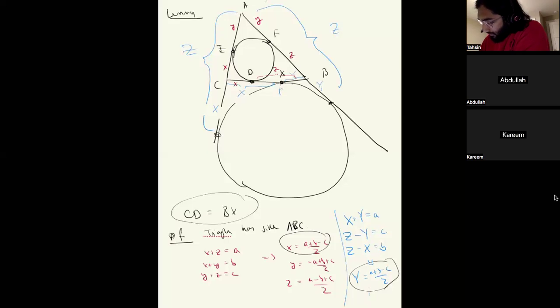Maybe let's use a different color. This one in black you're calling B prime, and this one is C prime. Okay, great.